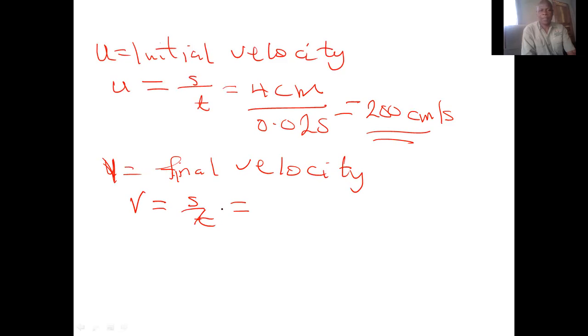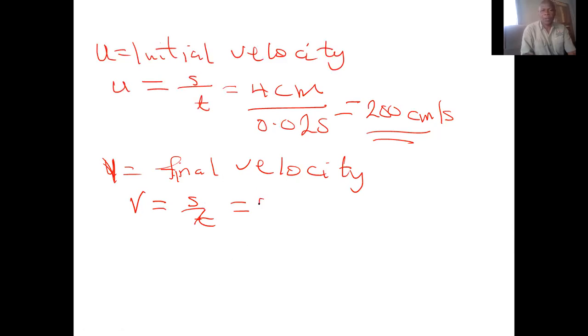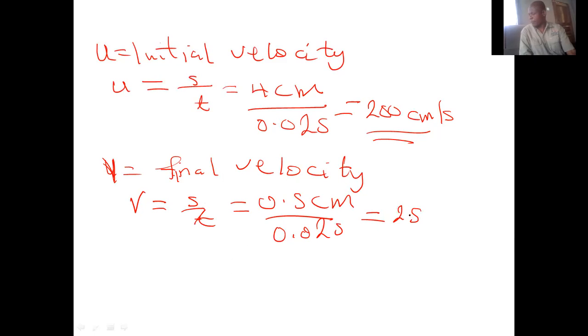Our displacement here is 0.5 centimeters, divided by the time for one tick, which is 0.02 seconds. And it gives us 25 centimeters per second.